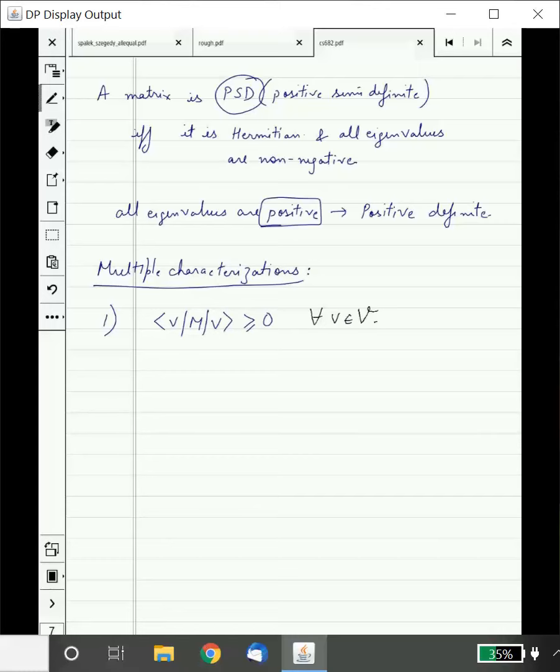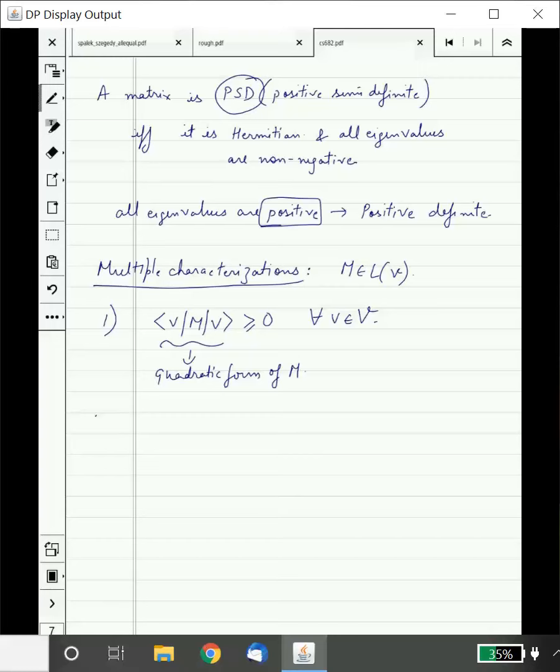You could assume that M is a square matrix, a linear operator over some vector space V. Then it is called positive semi-definite if for all V an element of the vector space, its quadratic form is greater than or equal to 0. This is also called the quadratic form of M.